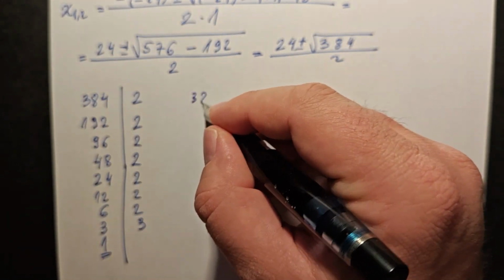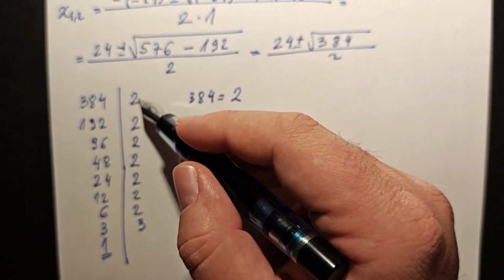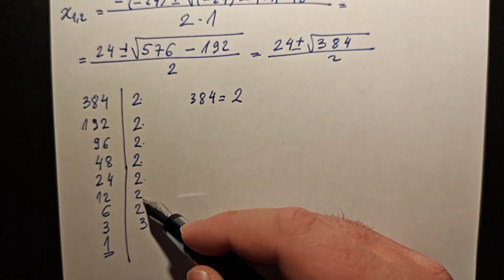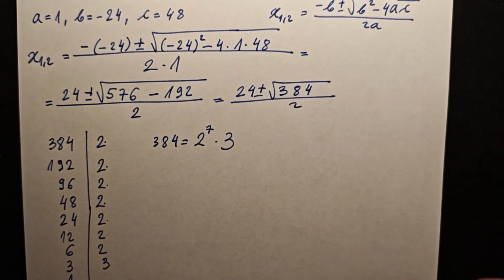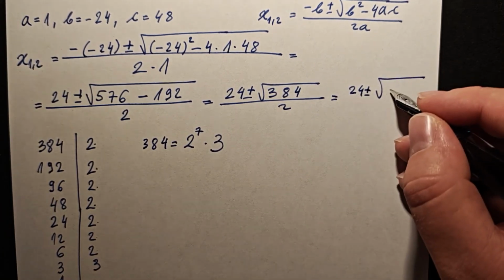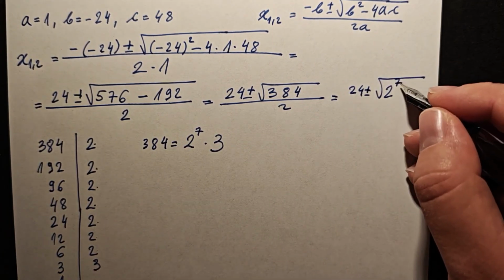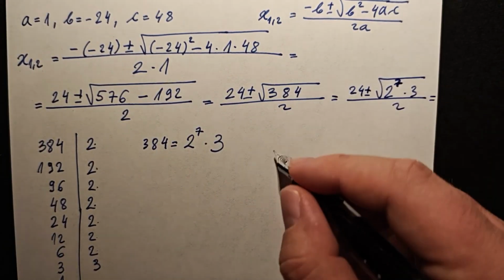So 384 can be written as 2 to the power of 1, 2, 3, 4, 5, 6, 7 multiplied by 3. So we have 24 plus or minus the square root of 2 to the power 7 multiplied by 3 divided by 2.